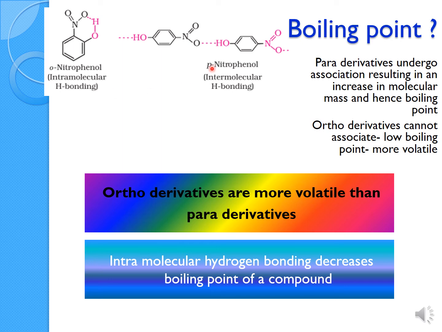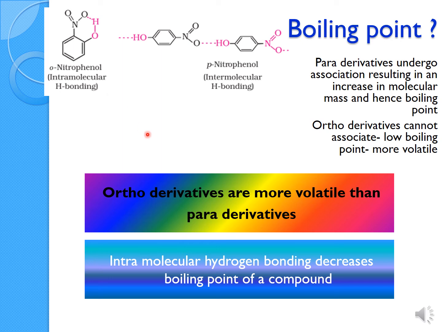Now, if you're given a mixture of orthonitrophenol and paranitrophenol, can you suggest any one method by which you can separate these two molecules? Of course, based on the boiling point, you can separate these two molecules. You can simply steam distill the mixture so that the two different isomers can be separated.